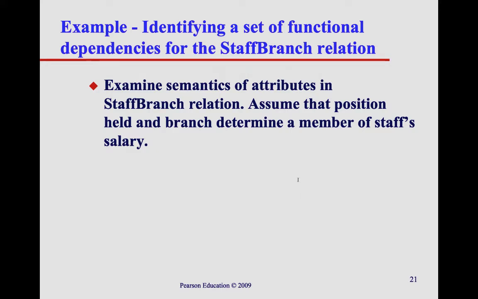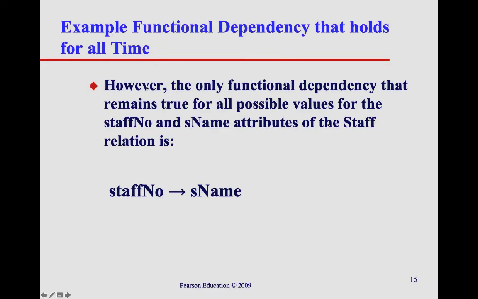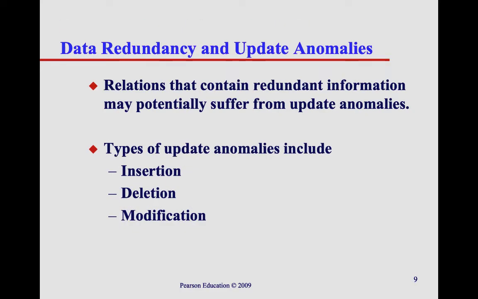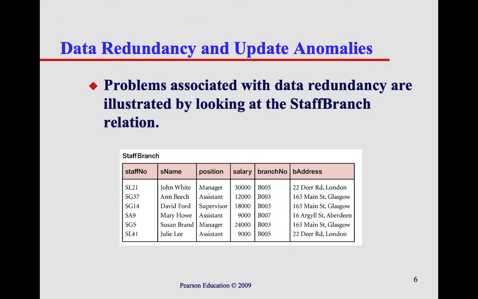One assumption we're going to make is that the position that is held and the branch determine a member's salary. So if we go way back to slide 6, we are going to assume that if there were 2 people at the same branch, they would have the same salary.